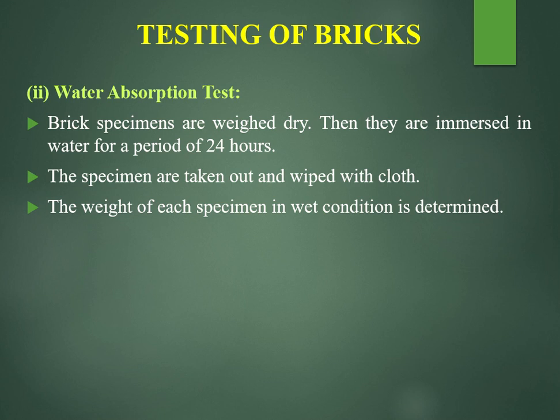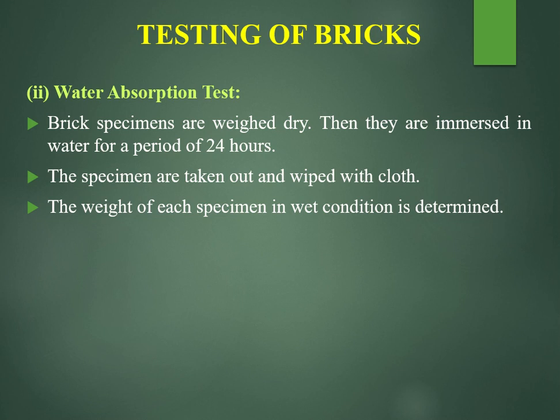If you have a complete stock of bricks, just pick out any 5 bricks at random and take the dry weight of them. Let it be W1 of the first sample, W1 of the second sample, W1 of the third sample, W1 of the fourth sample, and W1 of the fifth sample. So all the 5 samples will have 5 weights. Let them be the initial or dry weights, W1.